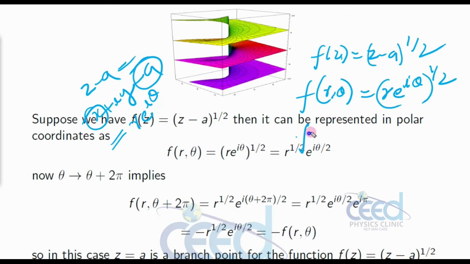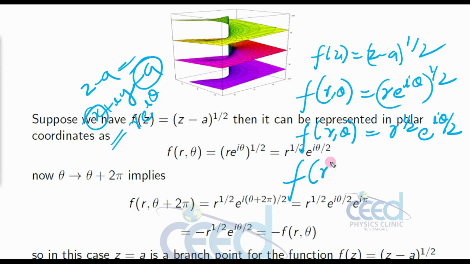So this f of r, theta, I can write as r raised to 1 by 2 into e raised to i theta by 2, right? This is our first equation. Now what I am going to do is change this value theta to theta plus 2 pi.